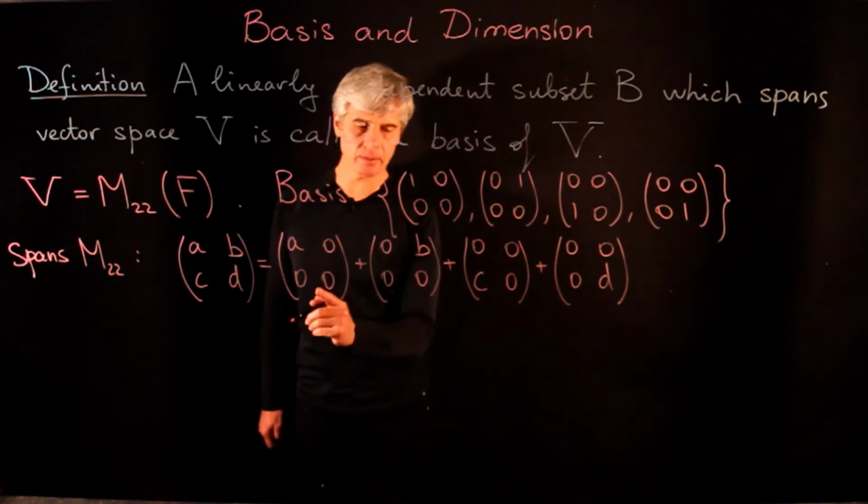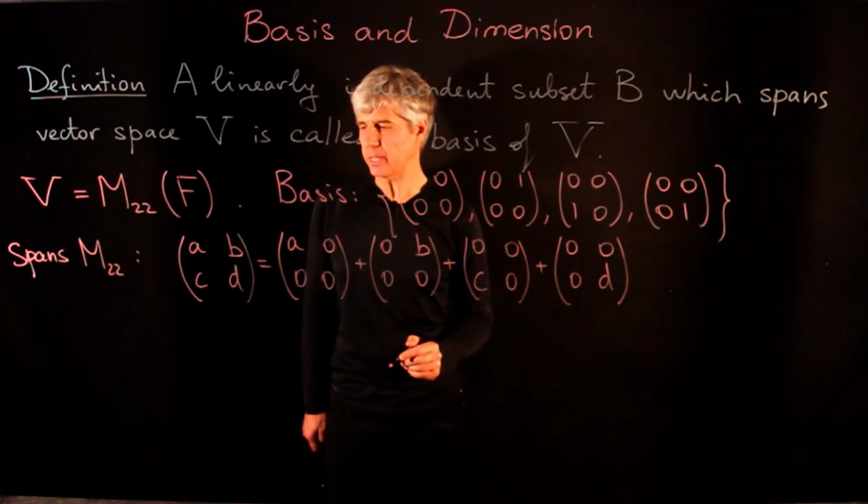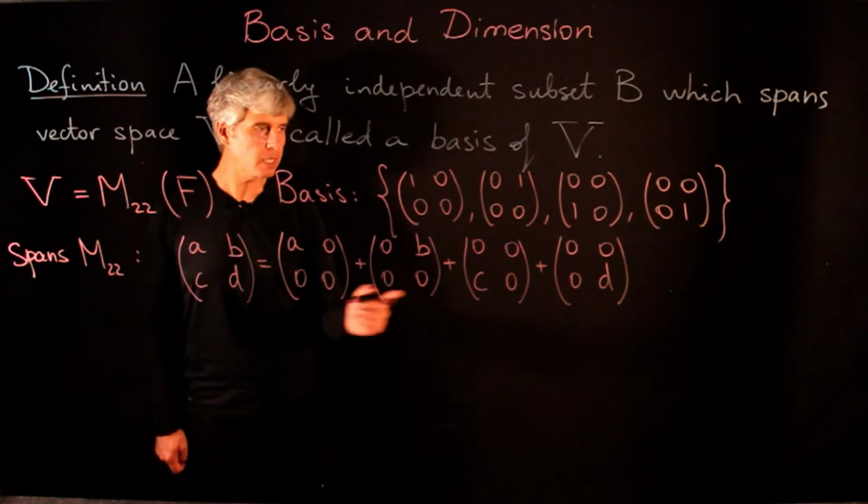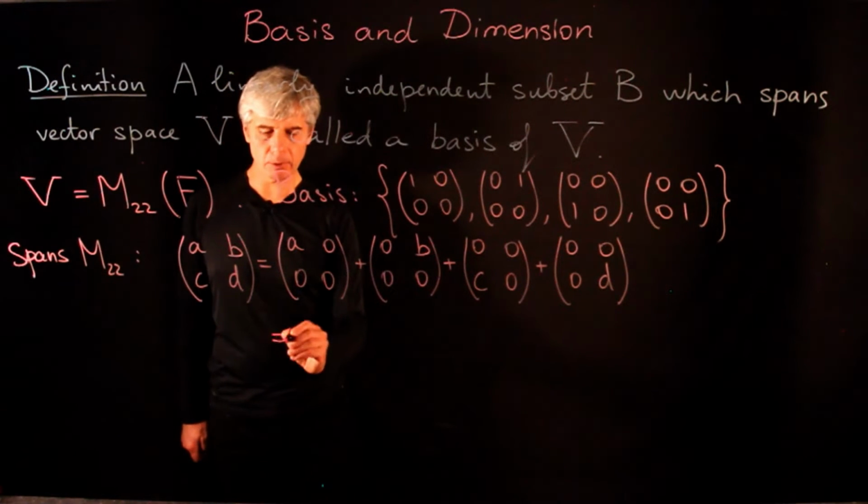If we add the four matrices on the right, we get exactly the matrix on the left.